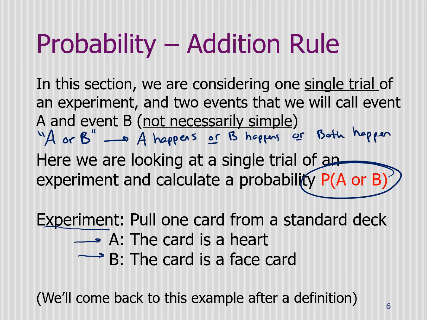So this is not an exclusive or. This means either one or the other or both. Right? That all three of these fall into the category A or B. Okay, so that's important in terms of our calculations later on.